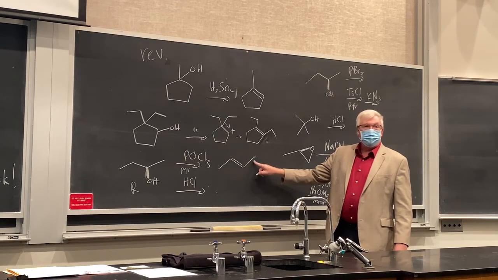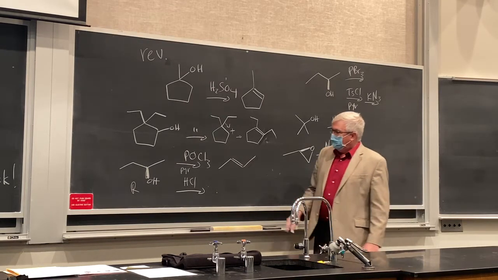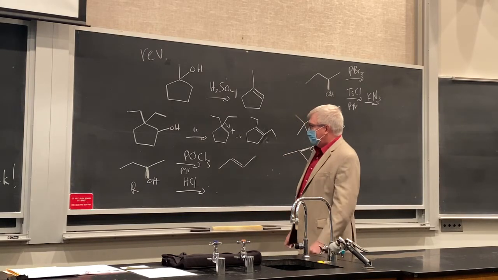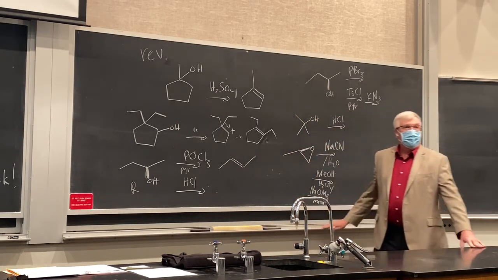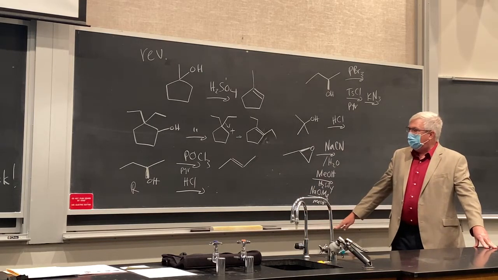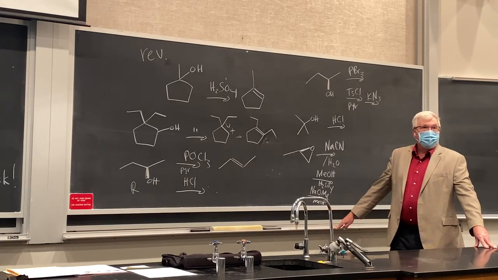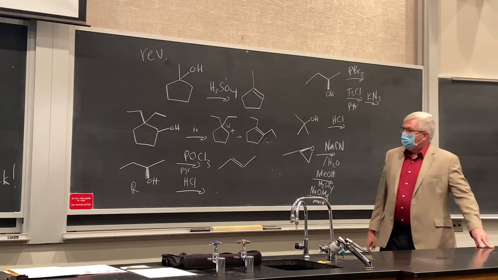Not 1-butene here, okay? And then HCl, if we treat this with hydrogen chloride, strong acid, but now we have the chloride anion as a nucleophile in there, right? So we're going to form the carbocation like before, but then chloride can go on there.